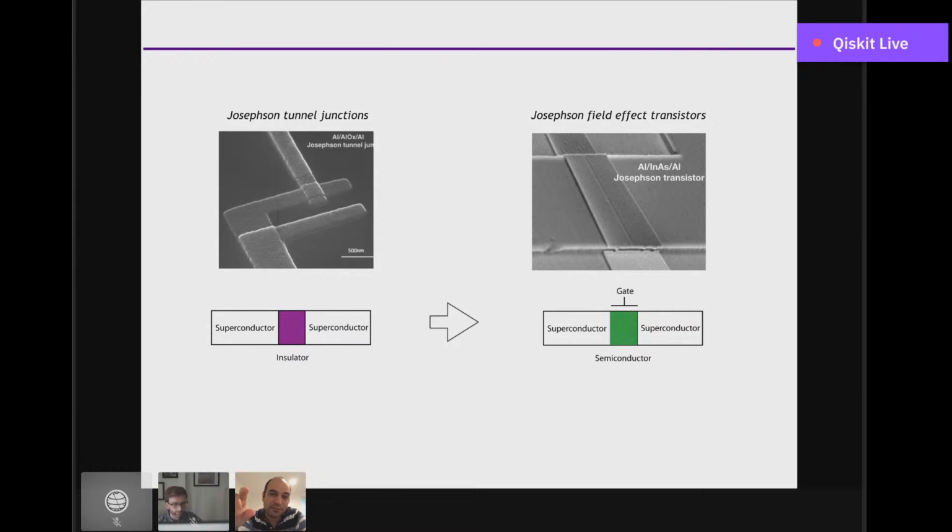But if you replace the insulator with a semiconductor, which I'm showing on the right-hand side, because it's a semiconductor, you can change the conductivity. You can make it very insulating or very conducting with a gate voltage. So effectively, it becomes a three-terminal device, and you can call it a Josephson field effect transistor. And the properties of this qubit or Josephson junction, which can be put in the qubit, are now tunable.